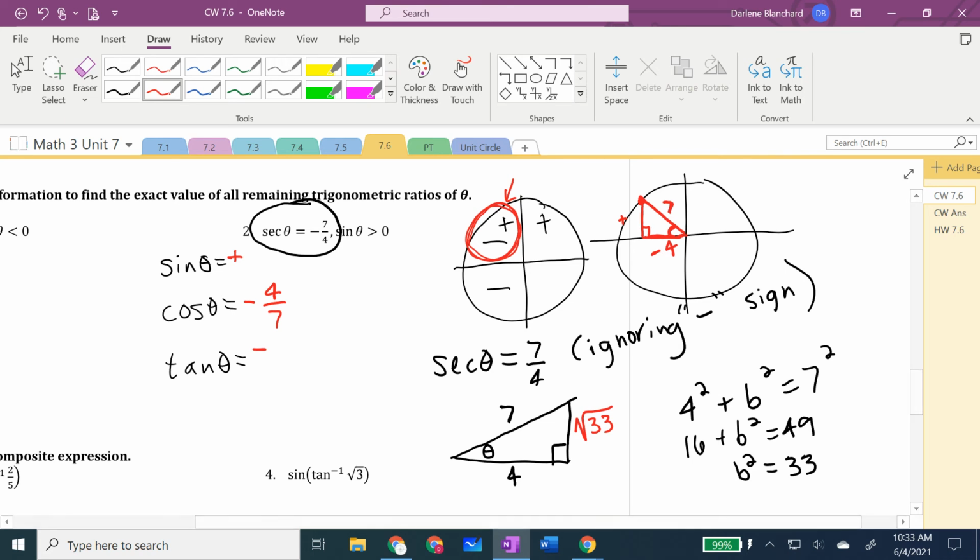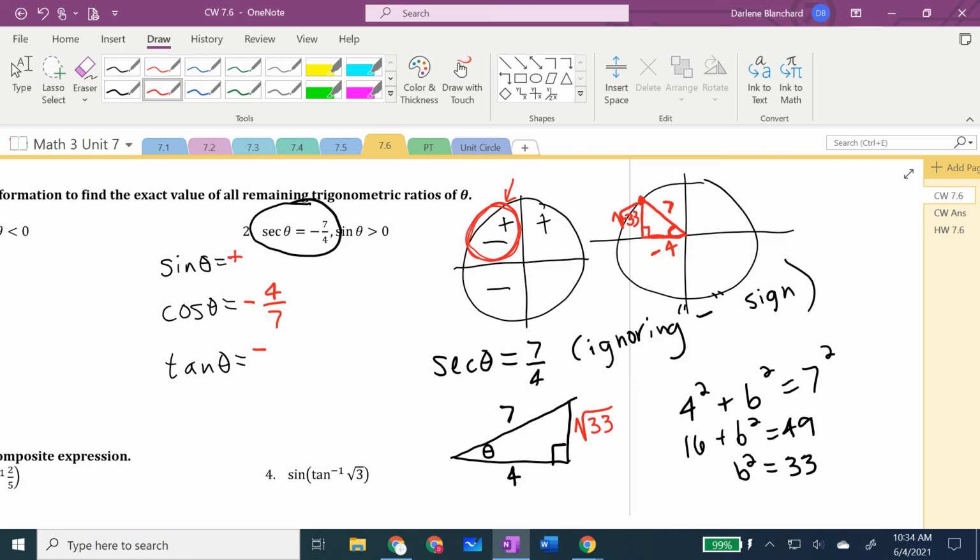And then again, I still have to do Pythagorean Theorem to get that this is root 33 and it's positive because y is positive. So either way, you just need to draw a right triangle and fill in its sides. Whether you deal with the negative numbers on the triangle itself or write down into your notes, hey, I know who's positive and negative, and just keep going, that's up to you.